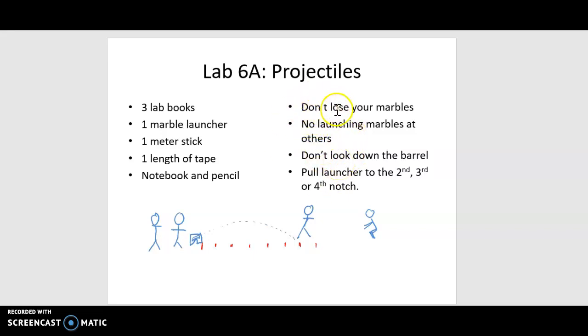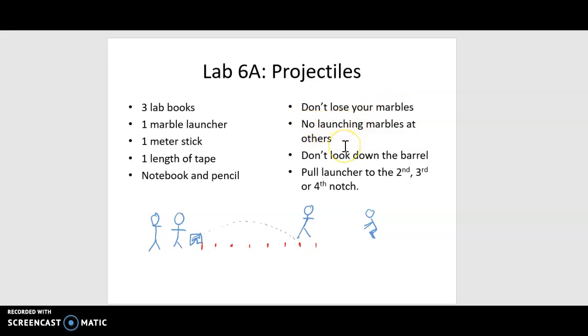Then some other rules to keep in mind as you're doing this lab. I'll reiterate these on Friday, but on Friday we're going to be trying to get going quickly so that you can do this lab. It takes all period to do it. So don't lose your marbles. It's $1.